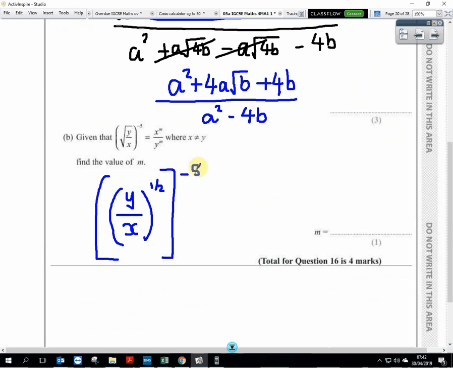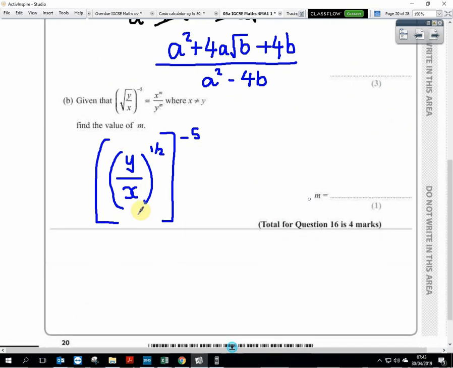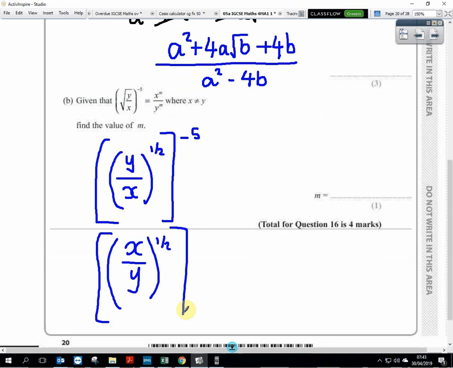Now, what effect does the negative have on a fraction? The negative means it's the reciprocal, which means you flip. So what we can do is we can flip the fraction. Okay, we'll write it as x over y to the power of a half, which is all to the power of 5.